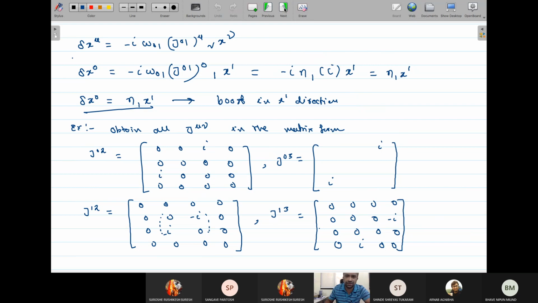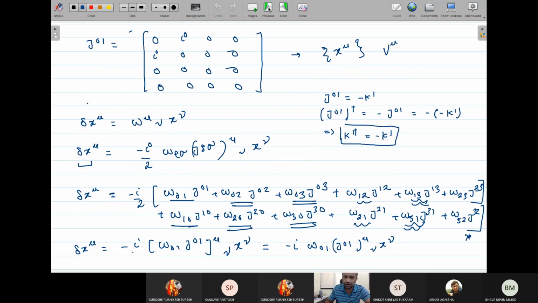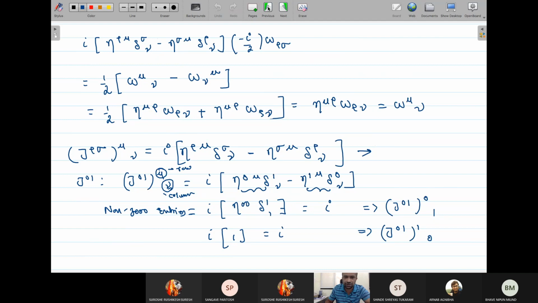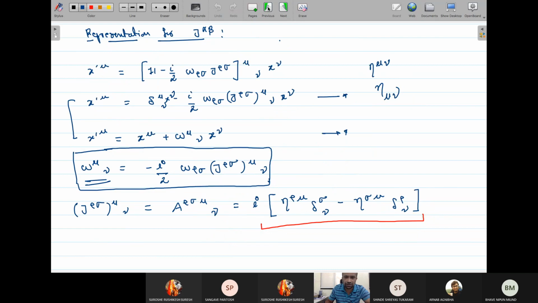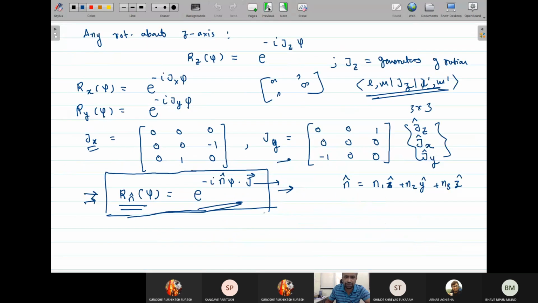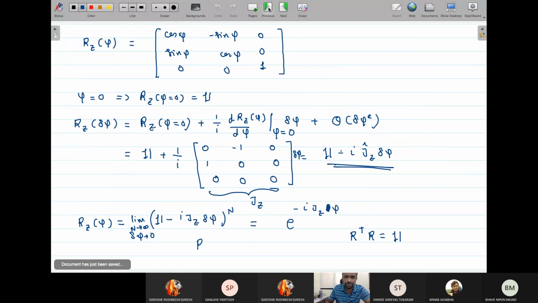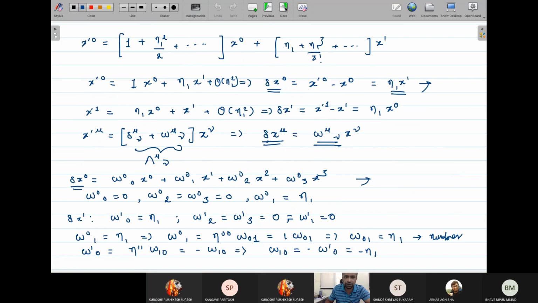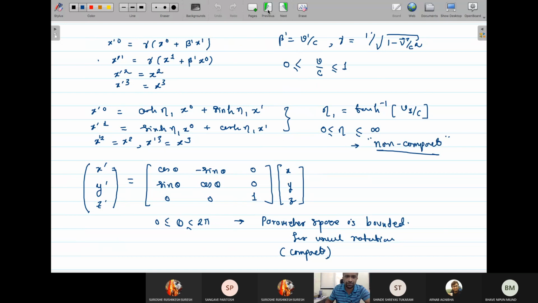Somewhere we have mentioned the expression for eta. Yeah, I have mentioned it here. So this represents the boost along the x1 direction.